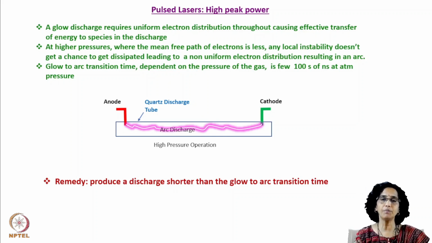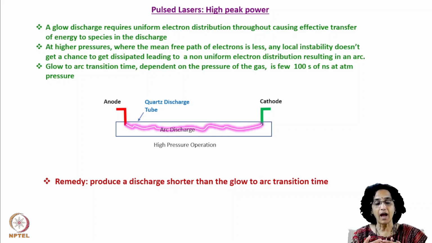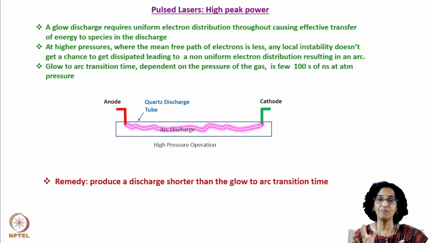So now we come to operation of CO2 lasers in the pulsed format. Sorry, at high pressure. At high pressure, automatically I think of pulsed. Why? Because at high pressures, CW operation becomes very difficult. Why it becomes difficult, we will just see.